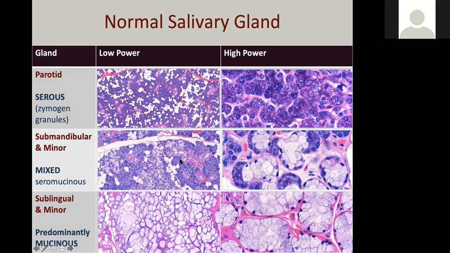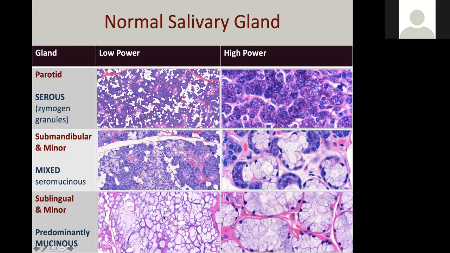So just as a review on low power, your parotid gland is essentially entirely serous. Its entire function is digestive enzymes. So all of your cells are going to be this granular purple. The submandibular, as well as some minor glands, are mixed seromucinous. So you're going to see these serous so-called demilunes, like half moons, with the remaining portion being mucinous.